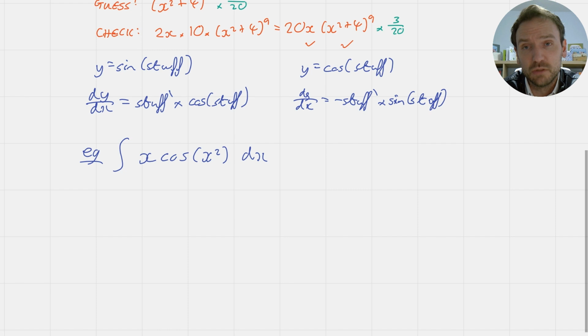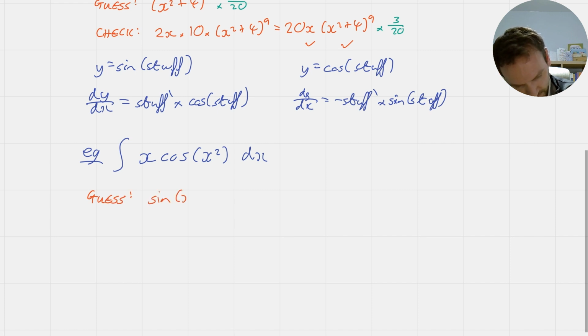Okay, we don't have a 2, but constants we can deal with. So if we want to end up with a cos of x squared, we're going to need to start with the sine of x squared to have a chance of ending up with that. So let's make our guess here to be sine of x squared, and let's think about what happens when we differentiate this. So if we do our check here, well, what are we going to get?